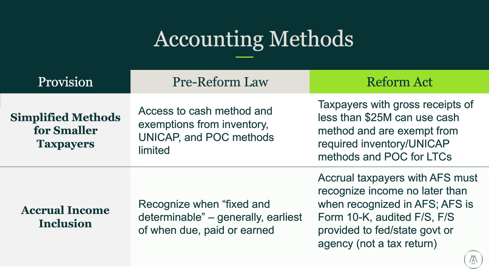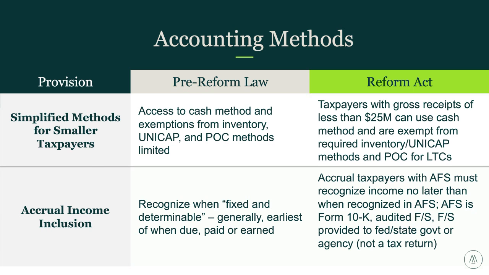Right. Okay. The next one is that the threshold for the exemption for UNICAP rules has also increased to $25 million. And that means that companies with less than $25 million in gross receipts do not need to comply with the UNICAP rules, which can be fairly complex.